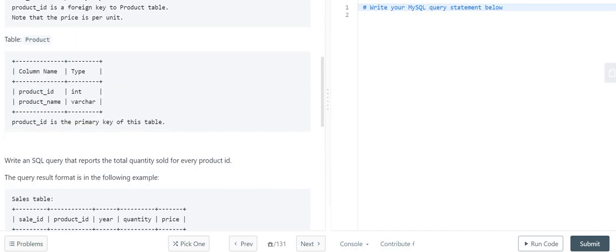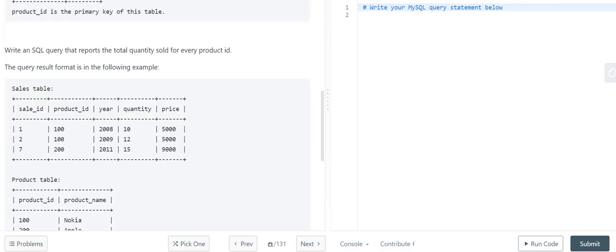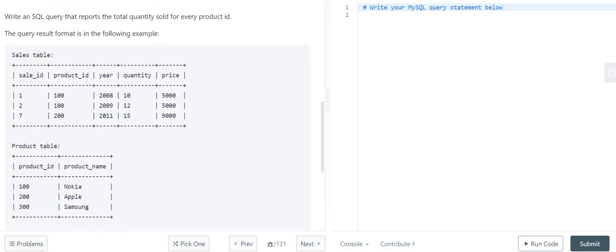So let's take a closer look at the sales table. Okay, so in the sales table there are only two products. Why do I say two products? Because 100 and 100 and 200, so there are only two unique products, and product 100 is basically pointing to Nokia, and Nokia had a quantity of 10, basically 10 quantities of Nokia phones were sold in 2008, and in 2009 12 quantities of Nokia phones were sold.